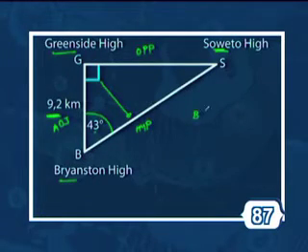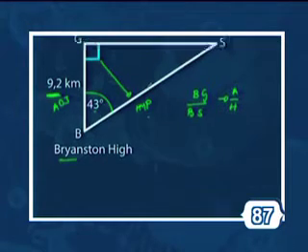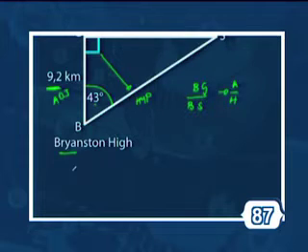So BG over BS, which is adjacent over hypotenuse, would imply that the ratio we are interested in here is cos.